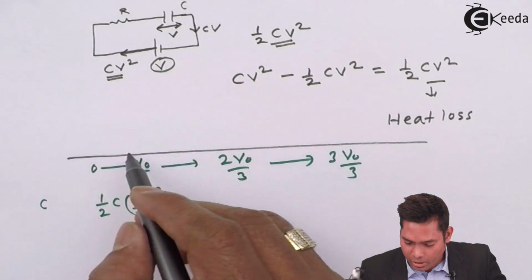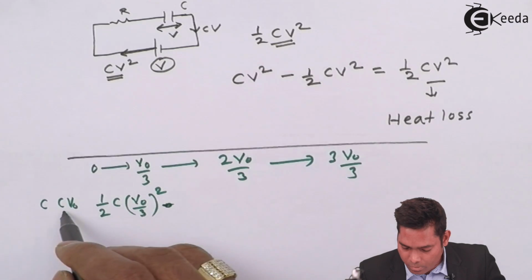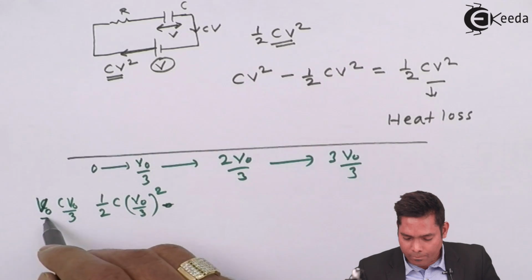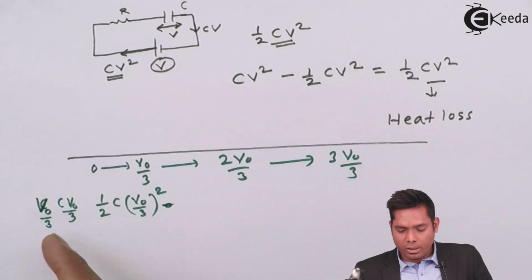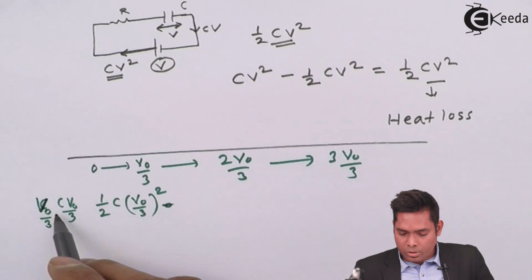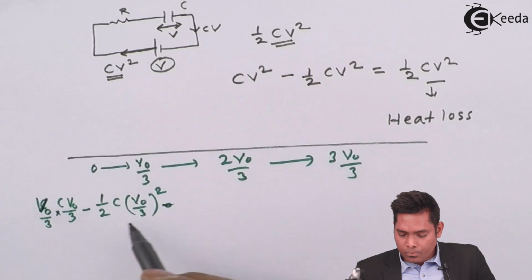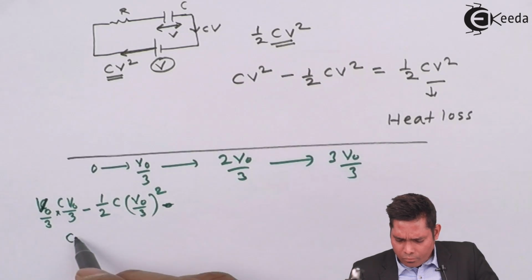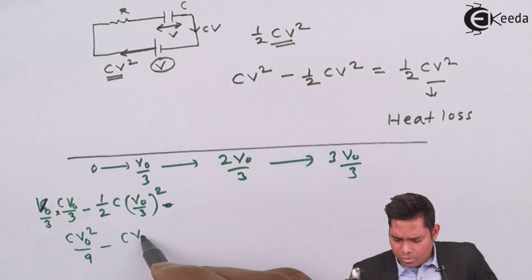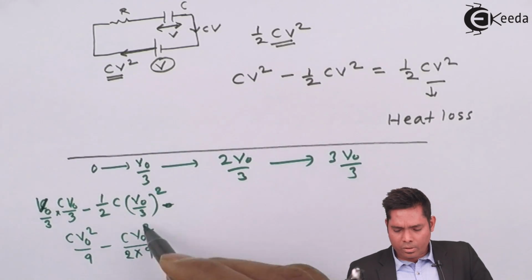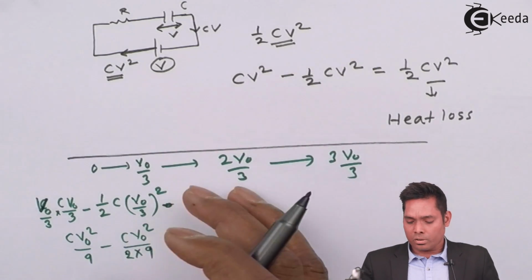The charge flowing was CV naught by 3, and the battery voltage was V naught by 3. This is the charge flown through, and this is the battery potential. So this into this minus this is the heat loss. This comes out to be C V naught square by 9 minus C V naught square by 2 into 9. This is the heat loss during the first step.